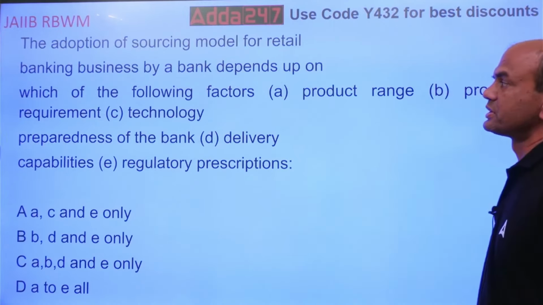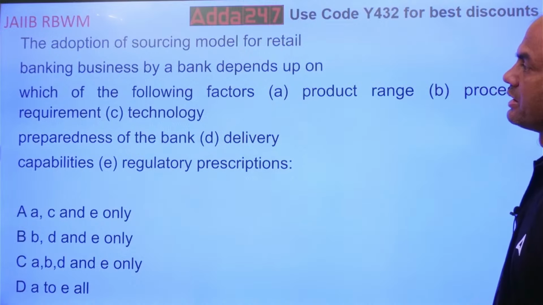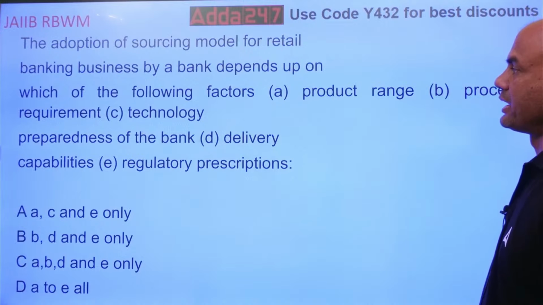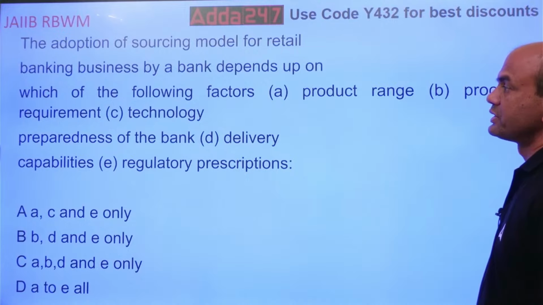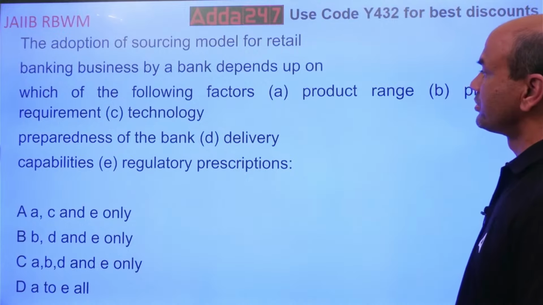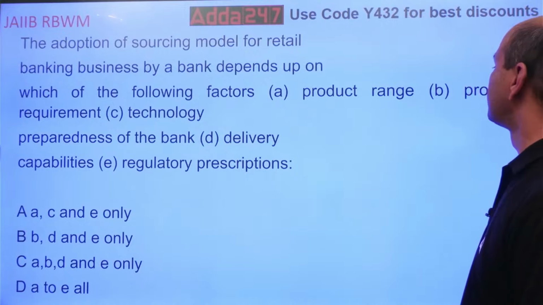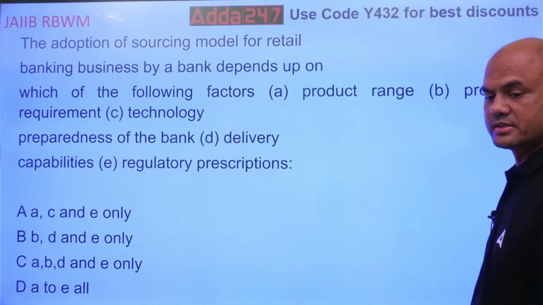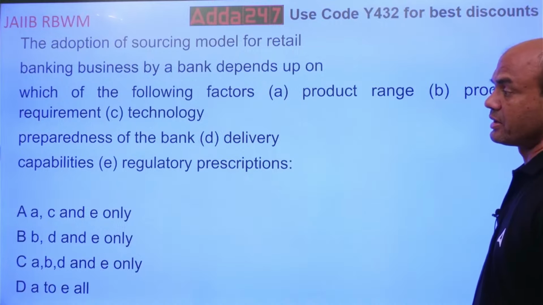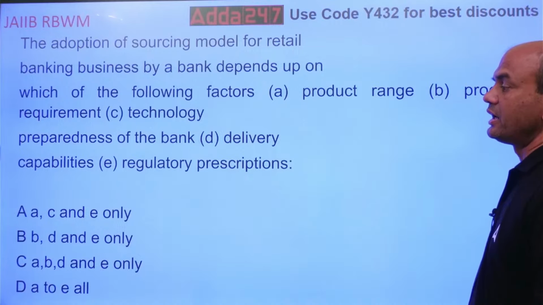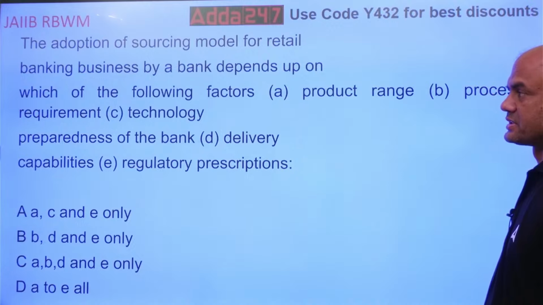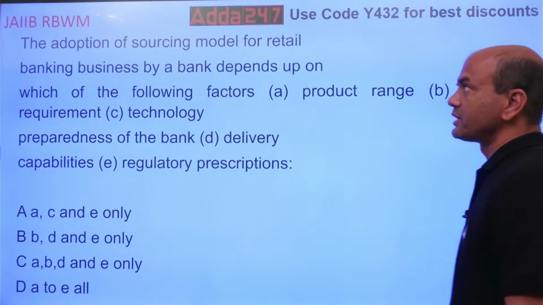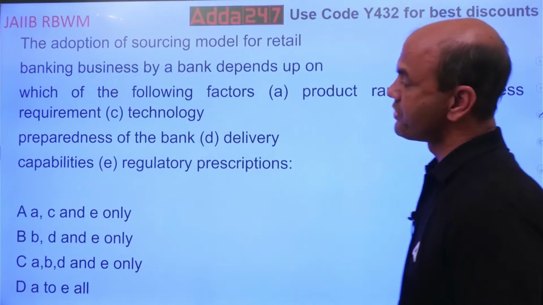The adoption of sourcing model for retail banking business by a bank depends on which of the following factors? Product range, process requirement, technology preparedness, delivery capabilities, and regulatory prescriptions. So the adoption of this sourcing model depends on what?